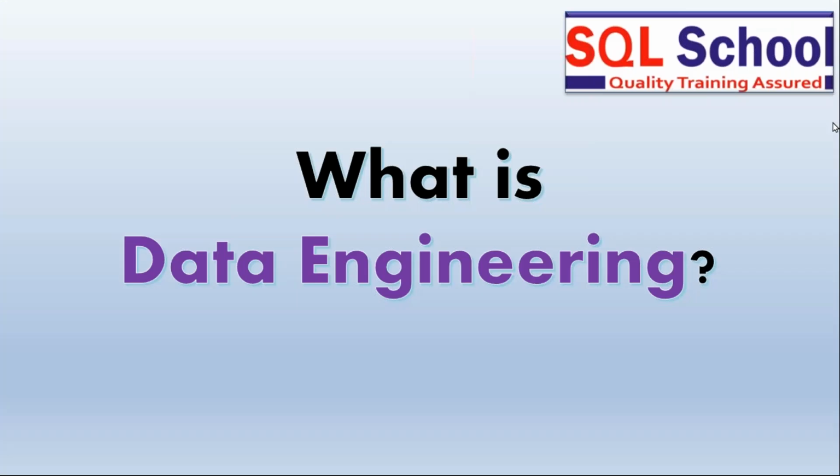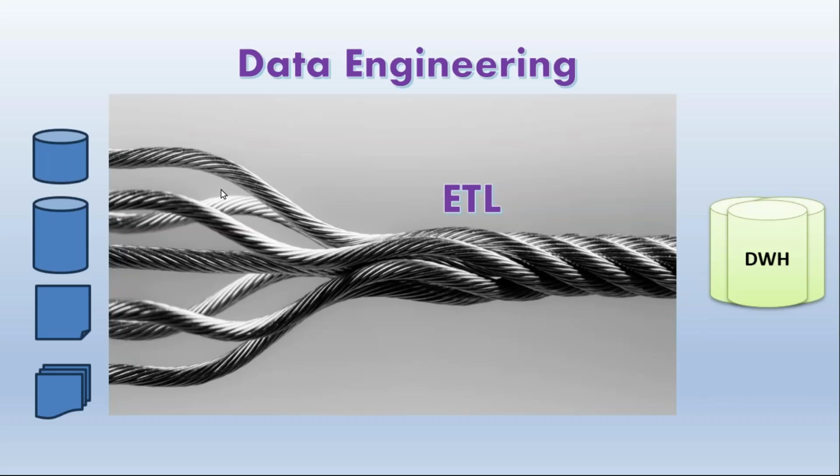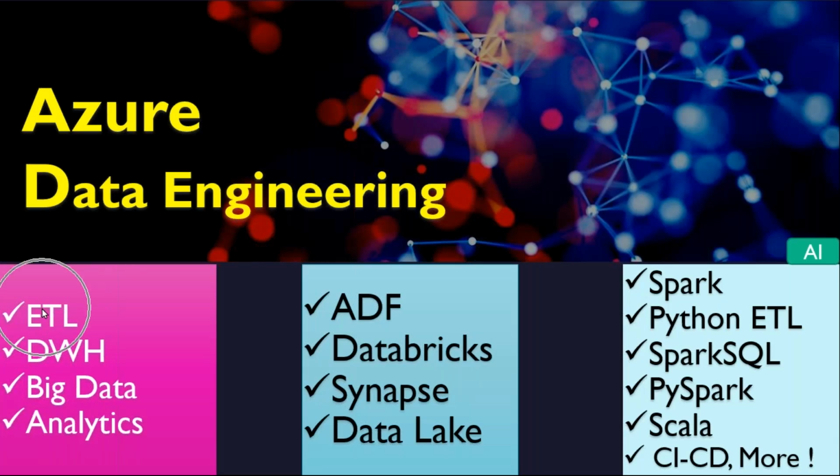So in our data engineering concepts, we need to bring data from various sources and carefully load the content into a warehouse. As a data engineer, we need to work with ETL, warehouse, big data, and analytics.